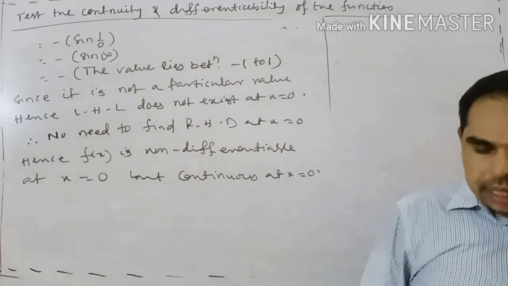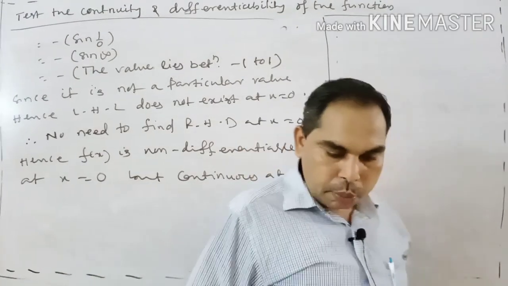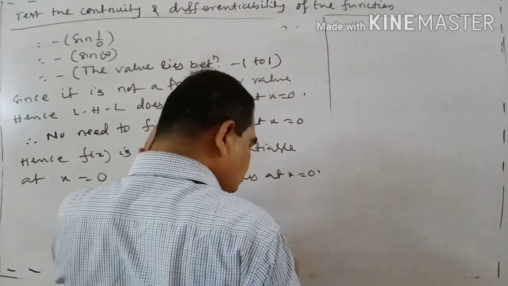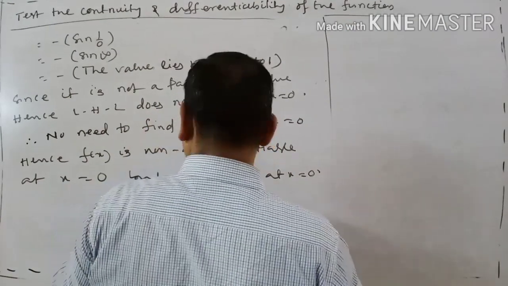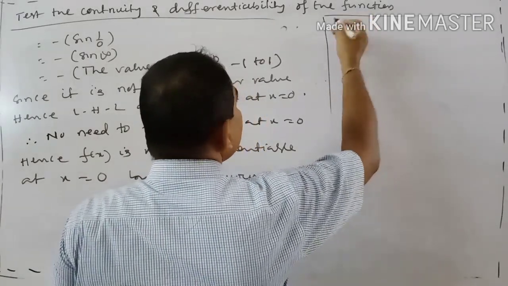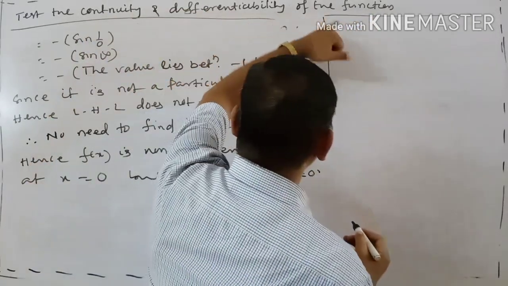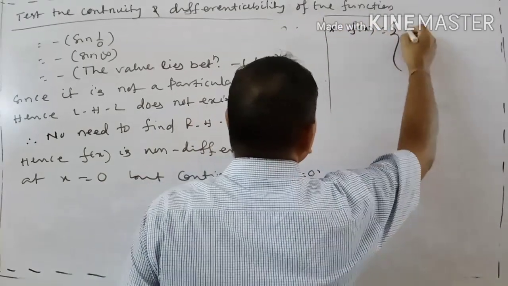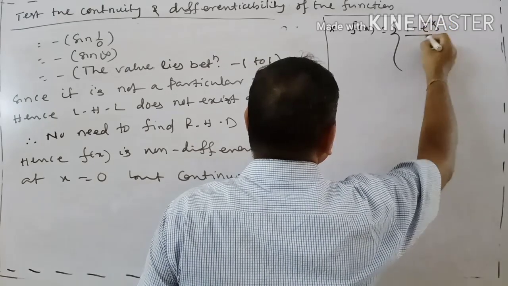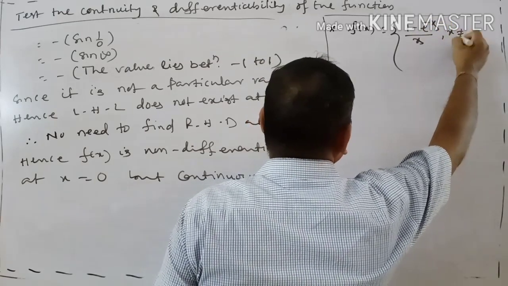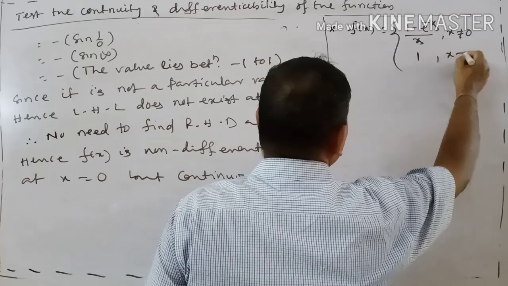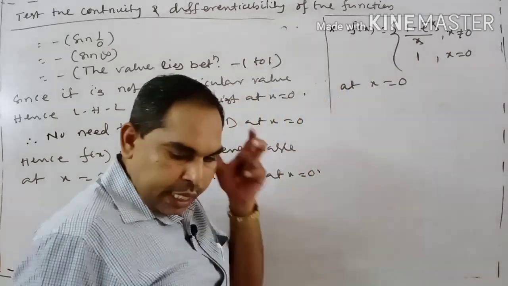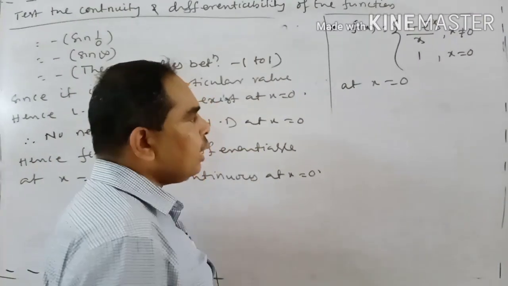Next question, again test the continuity and differentiability of the function. Test the continuity and differentiability of the function f of x is equal to 1 minus e to the power minus x by x, x not equal to 0, and 1, x is equal to 0, at x is equal to 0.